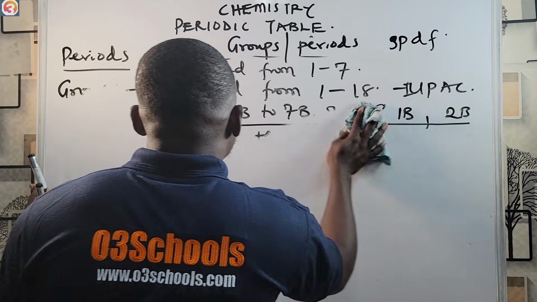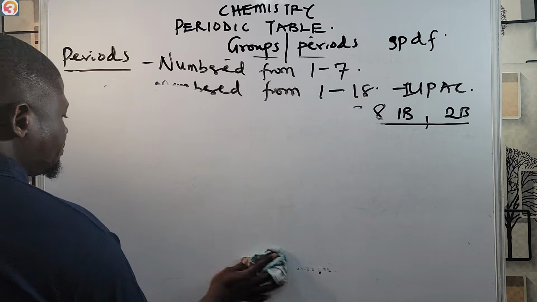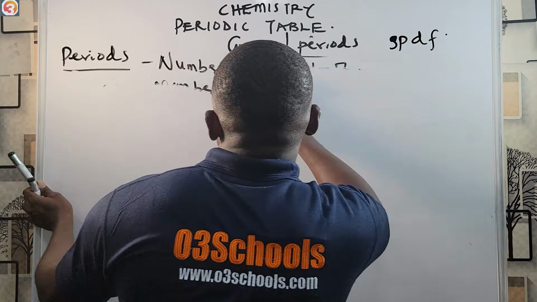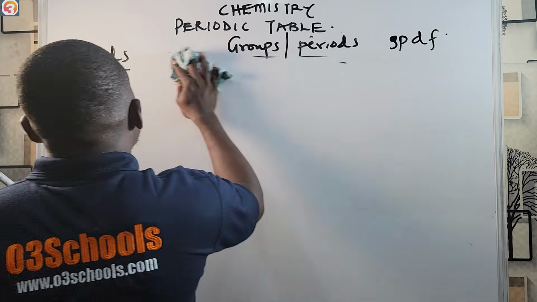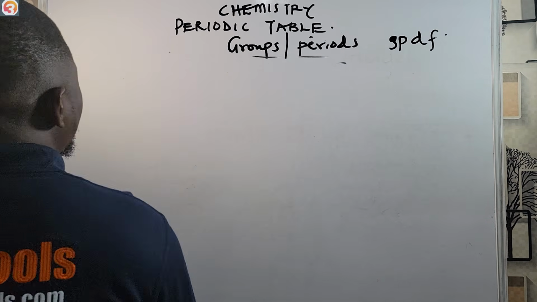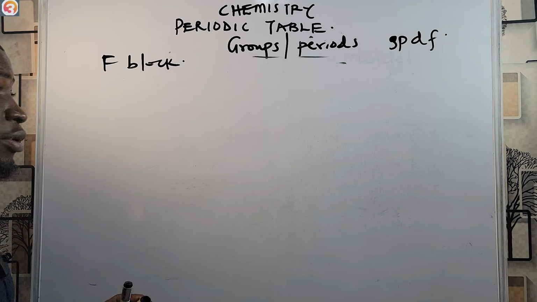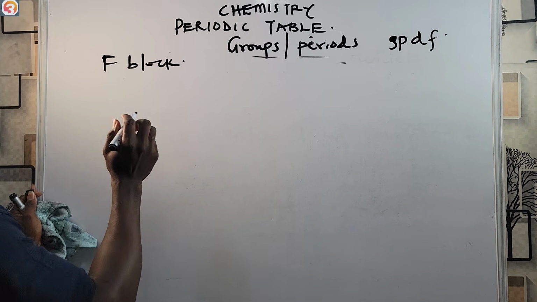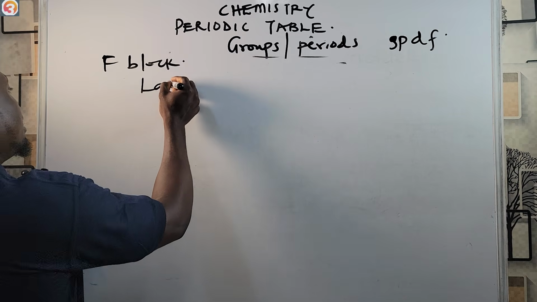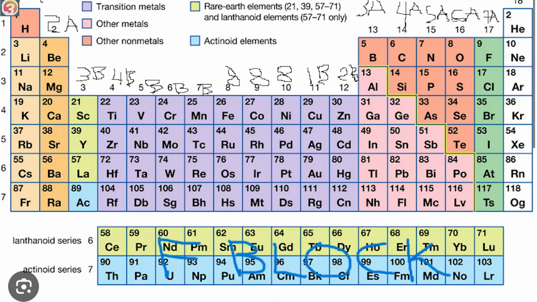As I said, we're talking about the F block elements now. They are divided into two. We have the lanthanide series, corresponding to elements 57 to 71, then the actinide series, corresponding to 89 to 103.